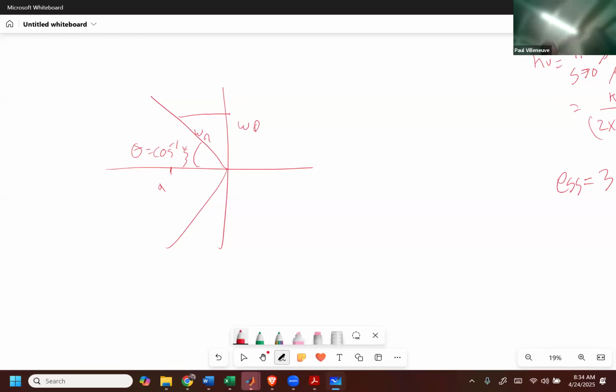That's the whole thing about root locus: being able to take these points and convert them to time domain response. So having the settling time and the overshoot would be pretty helpful for that.